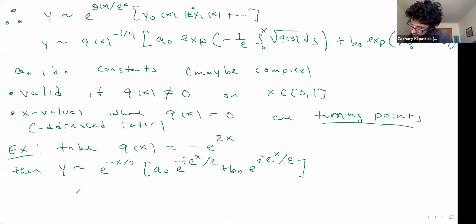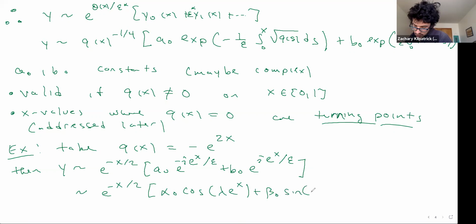And we can write this a little bit differently: e to the minus x over 2 times alpha 0 cosine of lambda e to the x plus beta 0 sine of lambda e to the x, if lambda is equal to 1 over epsilon.